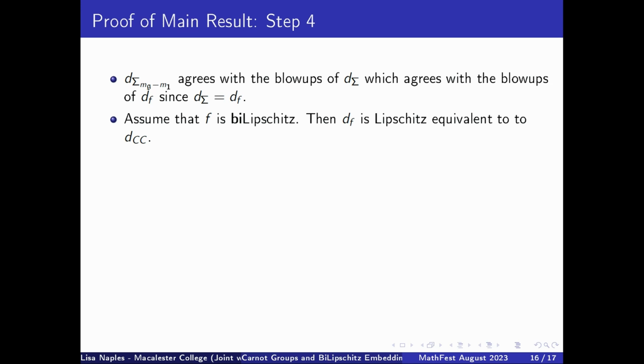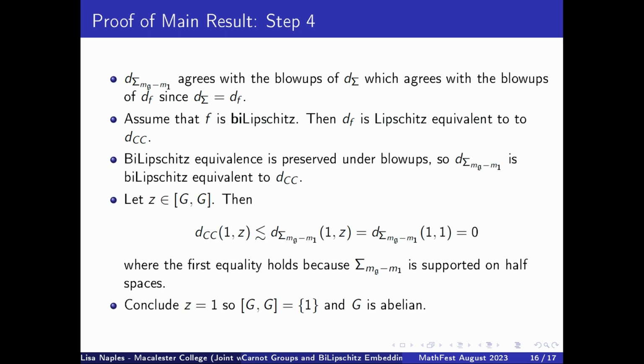Now we're going to add the assumption that f is not only Lipschitz but bi-Lipschitz. And this tells us that d_f is Lipschitz equivalent to the Carnot-Carathéodory metric. Bi-Lipschitz equivalences are preserved under the blow-up process. So we get that this new metric that we came up with, d_sigma_(m_G minus m_1), is bi-Lipschitz equivalent to the Carnot-Carathéodory metric. And then we do a comparison.